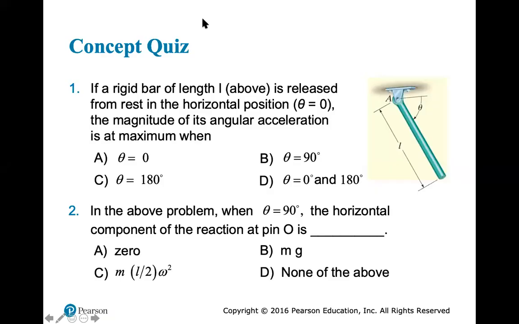those are the two examples I'm going to do in this video. And then in class, I'm going to ask you this concept quiz, so I want you to think about it. You have a rigid bar of some length. It's released from rest in the horizontal position when the angle is 0. Okay, so that means the rod is flat against the ceiling.